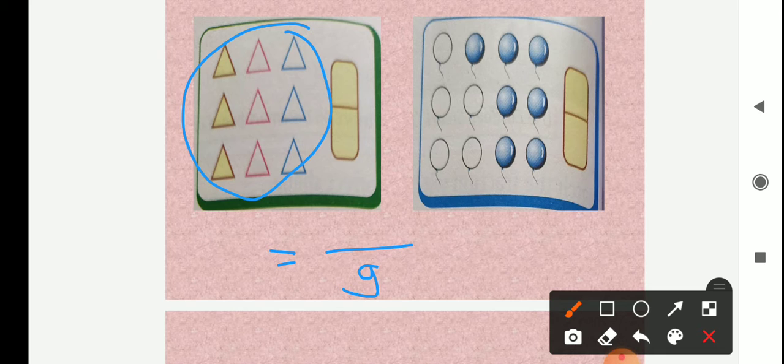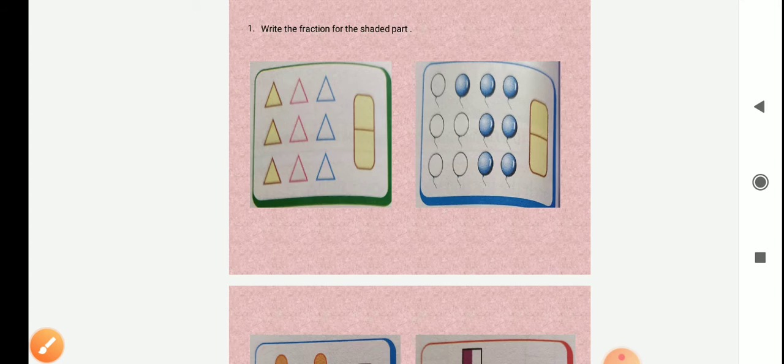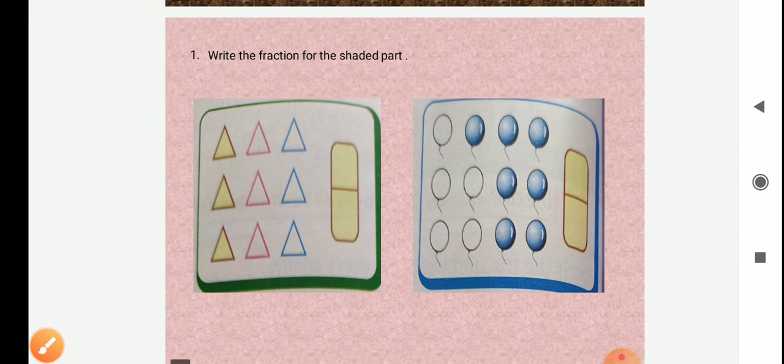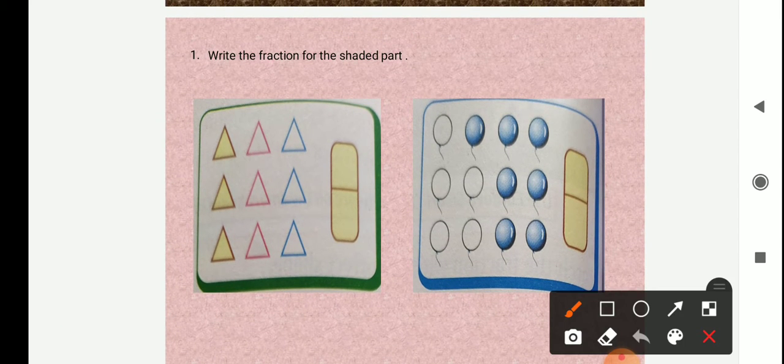The number of shaded parts is 3, so we write 3 at the numerator place. So the fraction for the shaded part is 3 upon 9.